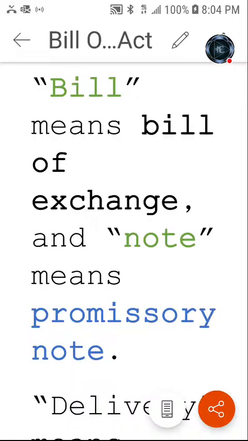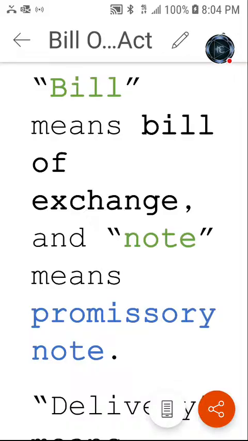And so when this particular document is using these words, they want you to know that they're not referring to any other understanding other than this is exactly what they mean. It is a promissory note. They just shortened it and called it a note.